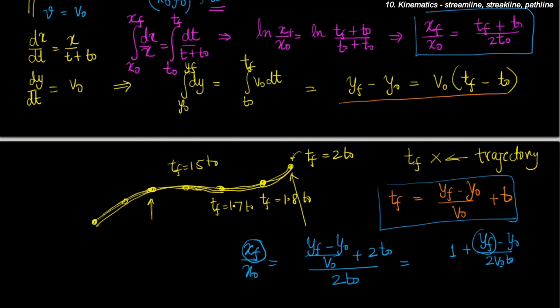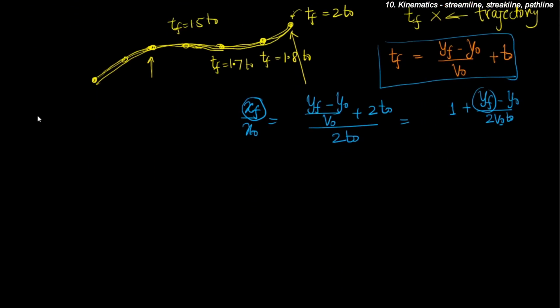So let me write down the final solution: Xf upon x0 is equal to 1 plus (Yf minus Y0) upon 2V0T0.